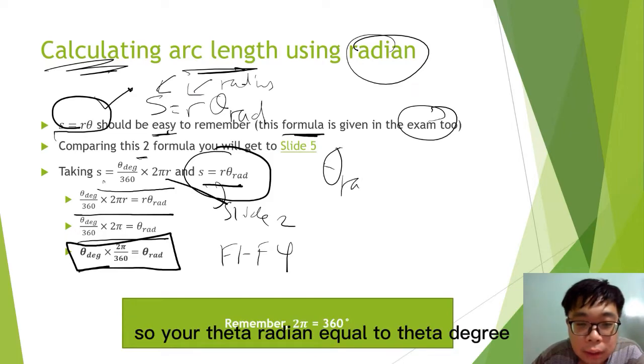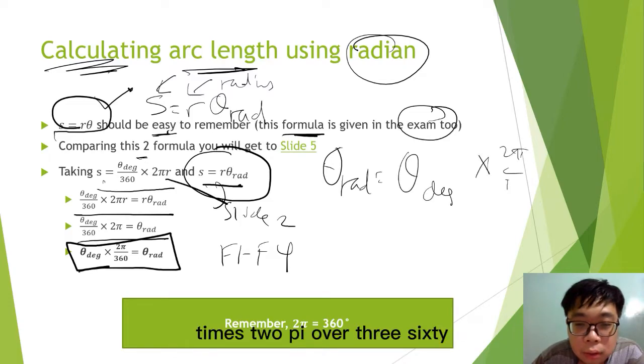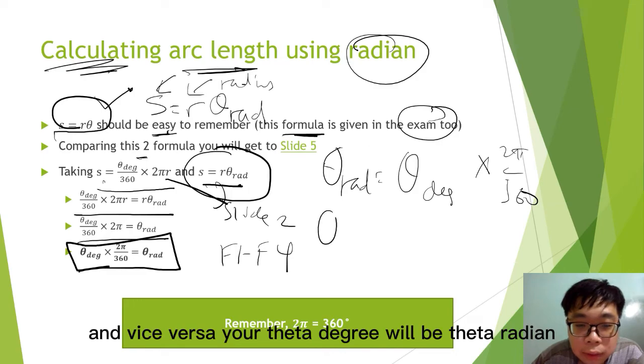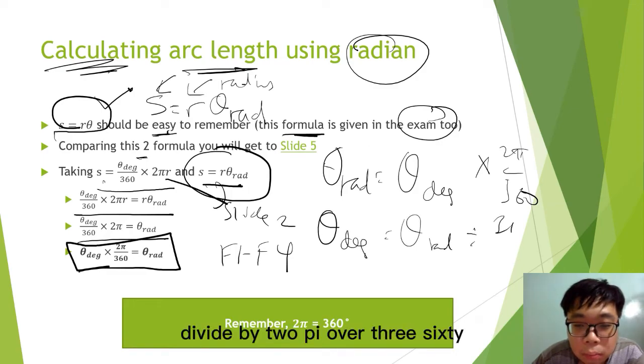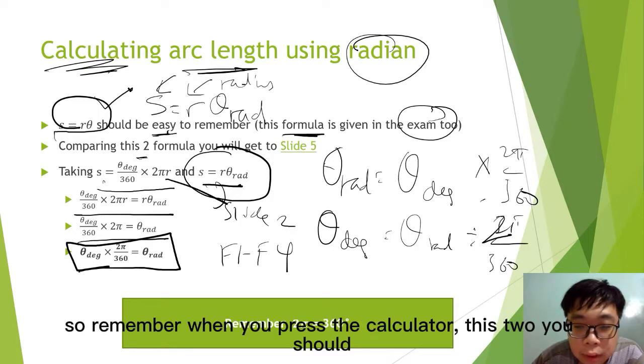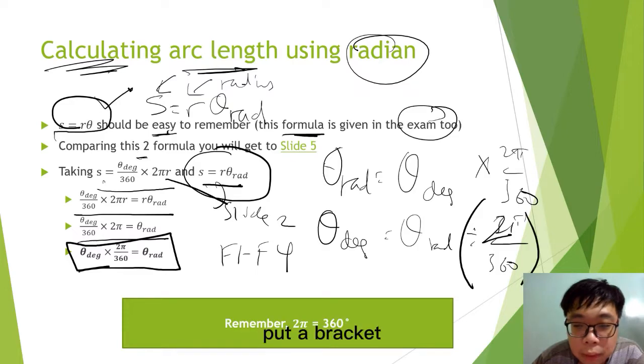So theta radian equals theta degree times 2 pi over 360, and vice versa, theta degree equals theta radian divided by 2 pi over 360. Remember, in the calculator, you should put a bracket for these two.